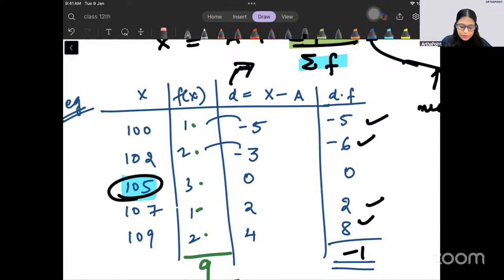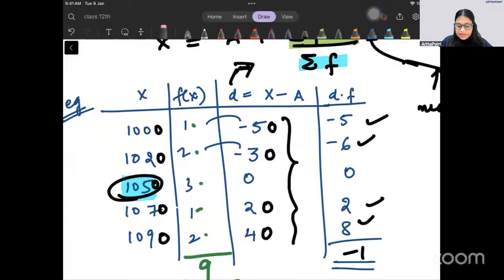जैसे for example, अगर ये होता data 1000, 1020, 1050, 1070, 1090, तो when we would have found out the difference, जब हम D निकालते, I would have got minus 50, minus 30, 0, 20 and 40. माने इसमें you would have noticed that when you find D में कुछ कॉमन निकल रहा है.